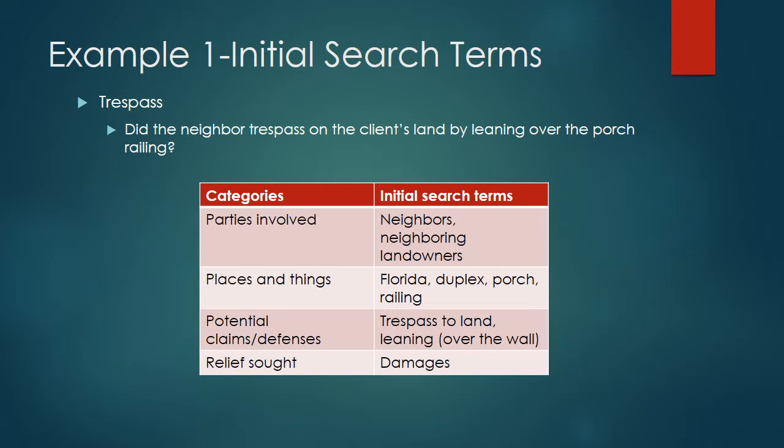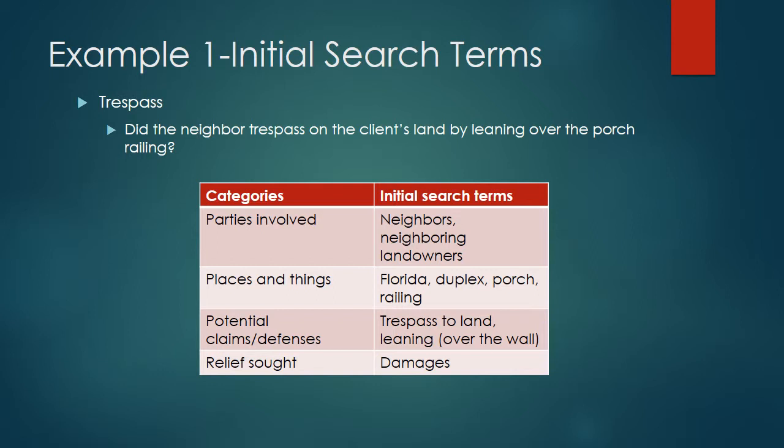All right, so this is an illustration of the first two columns of a chart that would be used for Sloan's method, and having to do with the legal question, did the neighbor trespass on the client's land by leaning over the porch railing?